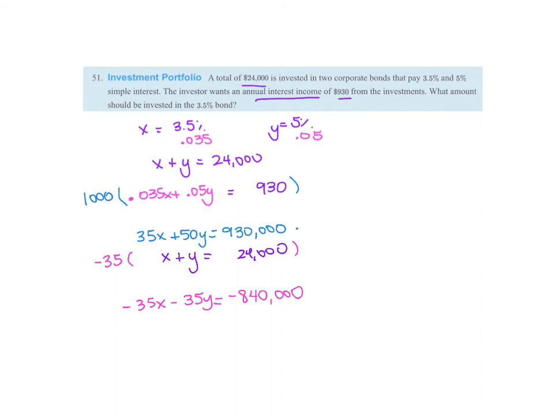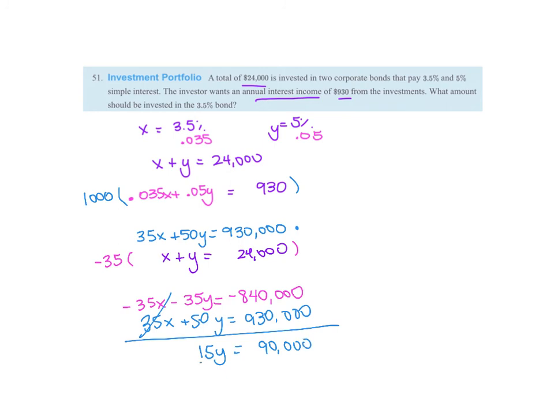Then I'll write our equation here, 35x plus 50y equals 930,000, and we'll add. So we'll get 15y equals 90,000. Divided by 15, then y will equal 6,000. Okay, 6,000.